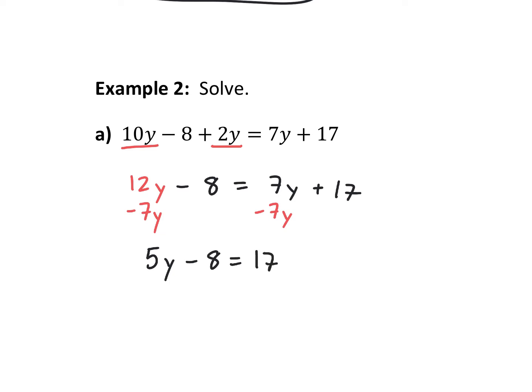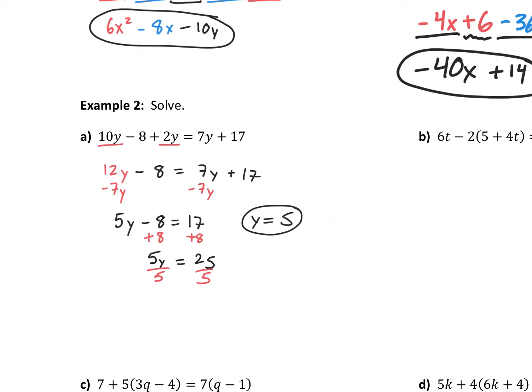And then we just solve it like a regular two-step equation, so add 8 to both sides. Then we get 5y equals 25, and then divide by 5 on both sides. So you get an answer of y equals 5.